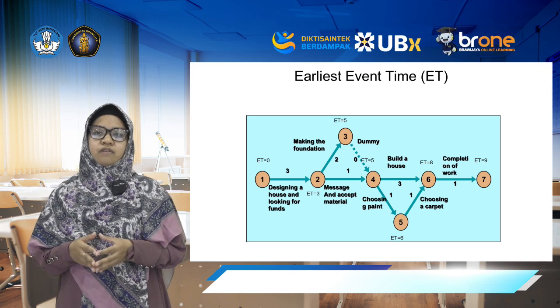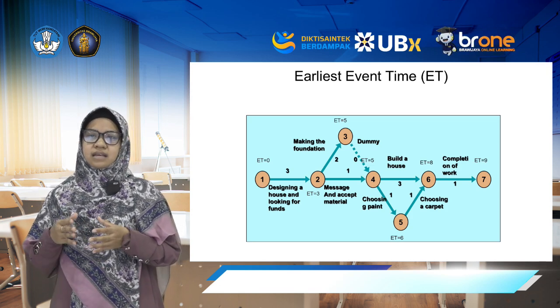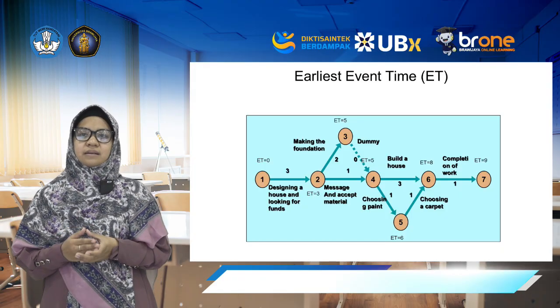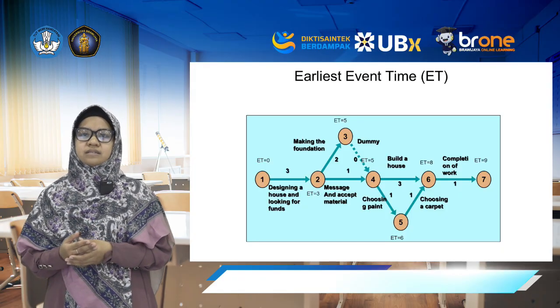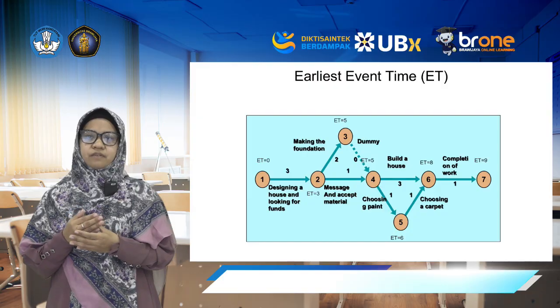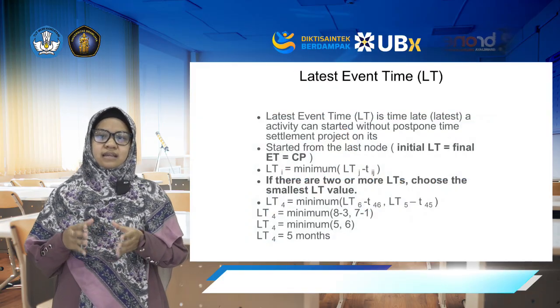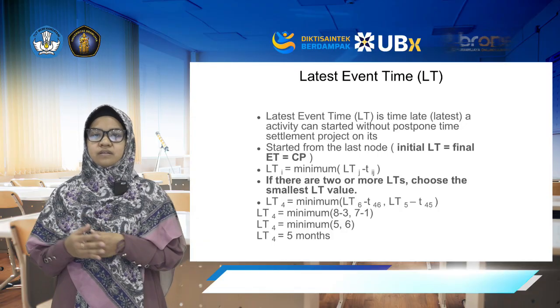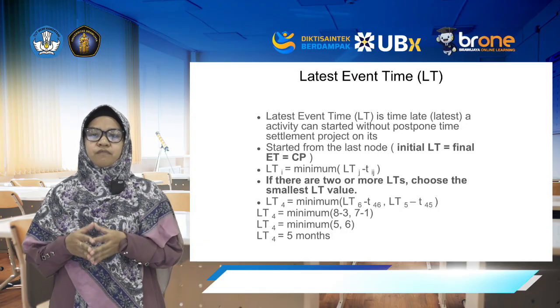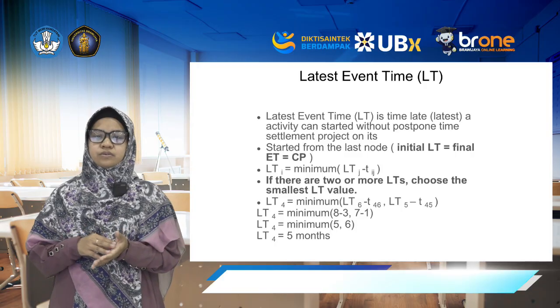The key rule in the forward pass is sum duration along each incoming path and take the maximum at each node, because all predecessors must be finished before that event can occur. Set the latest finish LF at the final node equal to the project time from the forward pass, then go right to left.